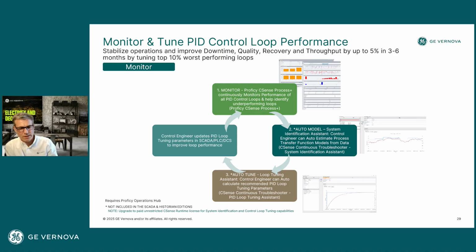By just tuning the top 10 to 20 worst performing loops in your plant and consistently monitoring all loops in your plant, you can literally increase productivity often by up to 5%, which is so significant. With this template, with a free runtime, you are allowed to monitor a single loop, and the tuning capabilities are not included. If you want the tuning capabilities or to monitor more loops, then just upgrade to a paid CSense runtime.